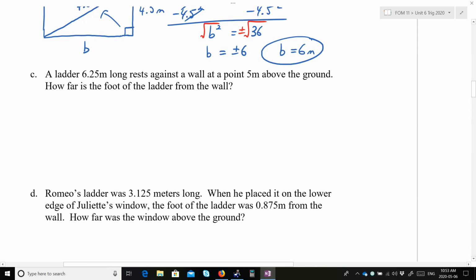All right, letter C. A ladder 6.25 meters long rests against a wall at a point 5 meters above the ground. Okay, so ladder, wall. It's resting at this point, which is 5 meters above the ground.